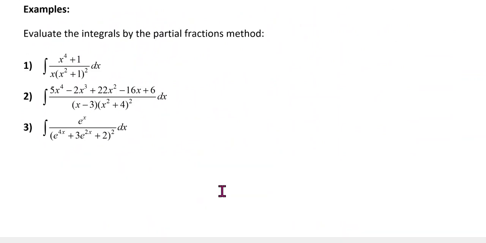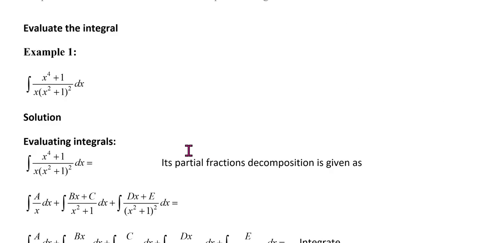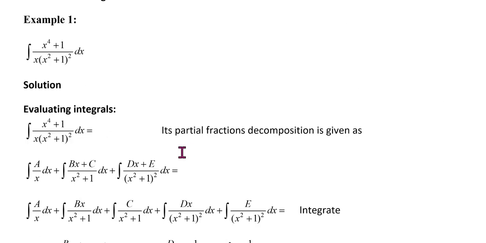In the first example, we want to integrate x to the fourth plus 1 over x times the quantity x squared plus 1, all squared. The x factor tells us this is case 1, and the quantity x squared plus 1, all squared, tells us we're dealing with case 4, because x squared plus 1 is repeated 2 times.